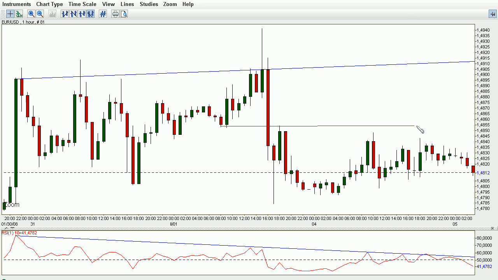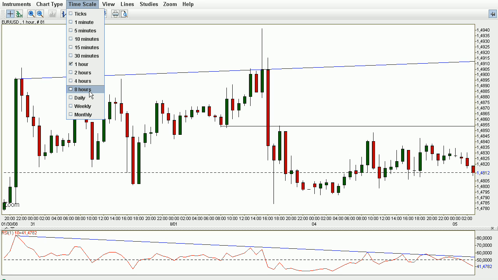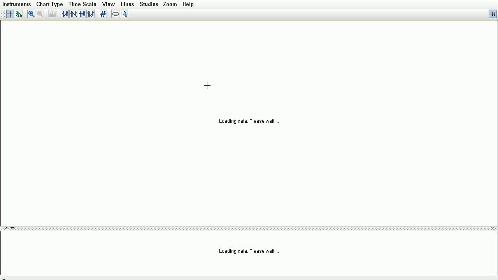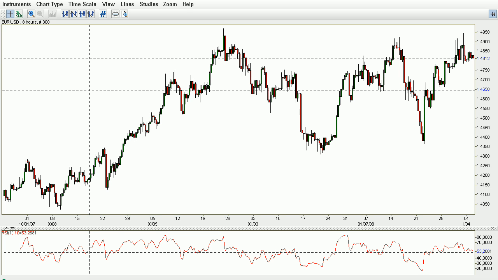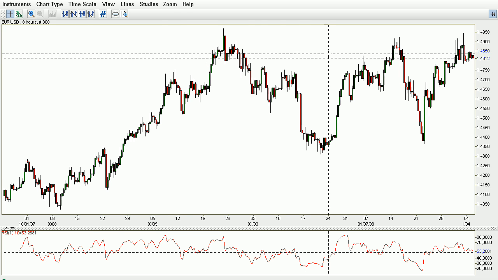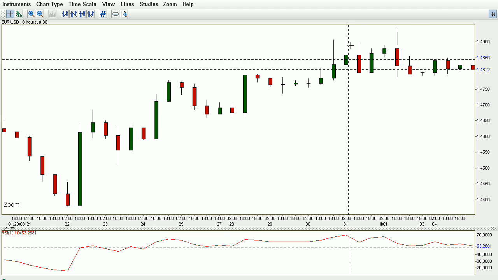And another thing is that we saw this support level break. Okay, if we go to an 8 hours time frame, what we can see here is almost the same picture as yesterday. It hasn't changed much.